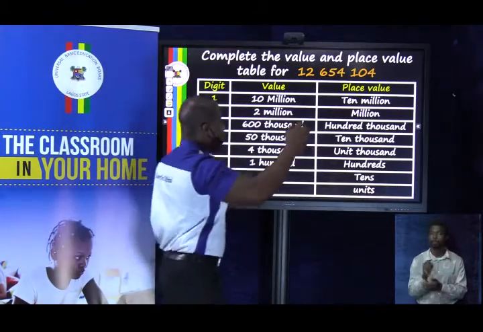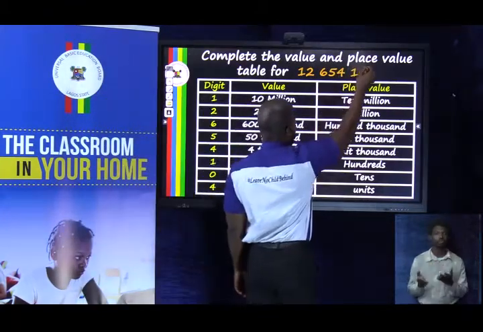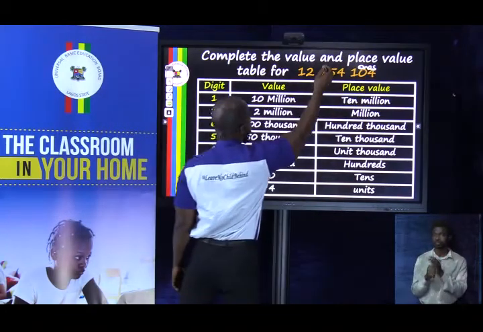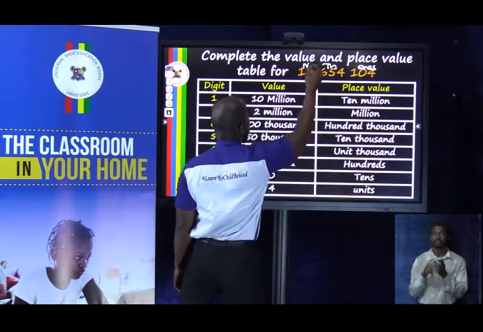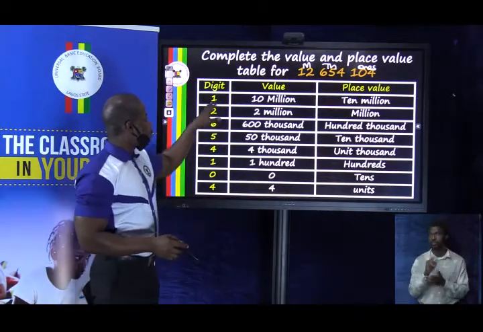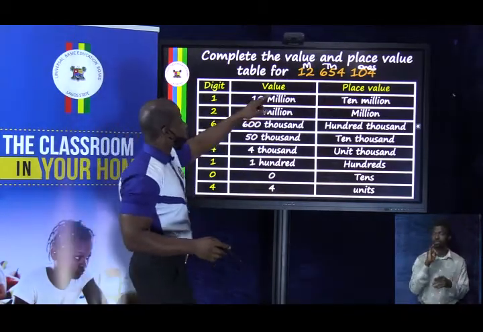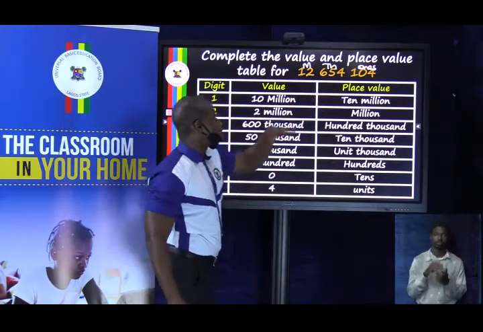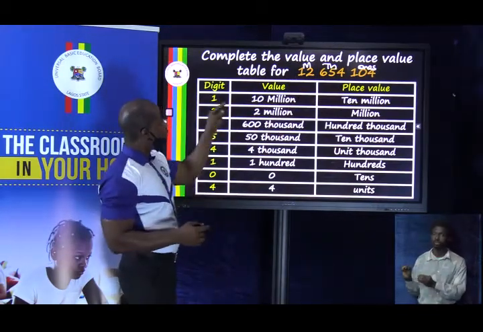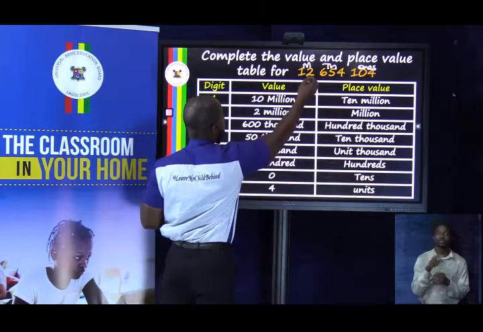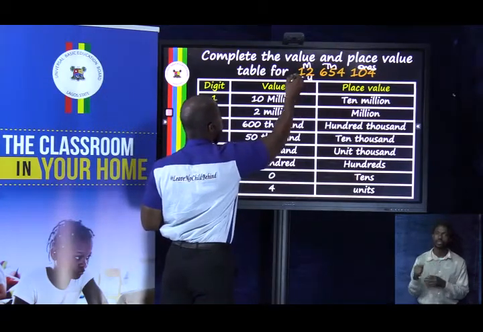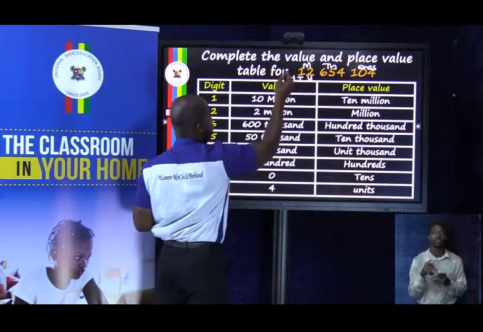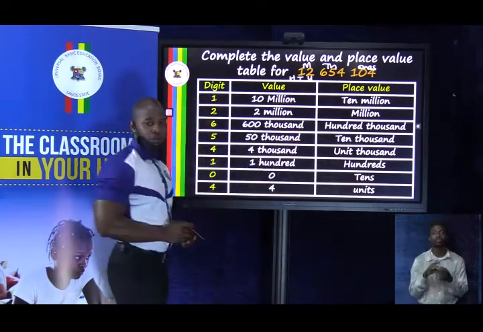If I have ones here, thousands here, and millions here, then you begin to see that the value of 1 is 10 million, because I'm going to have 1 and 0, that's 10 under million, and the rest will be zeros. But the place value of 1 is, you're going to have units, tens, there is nothing under the hundred place. So the place value of 1 is ten million, and that's why you have 10 million.